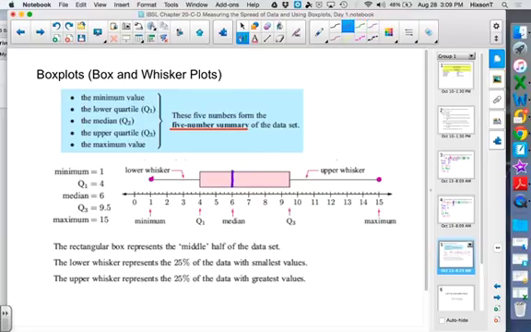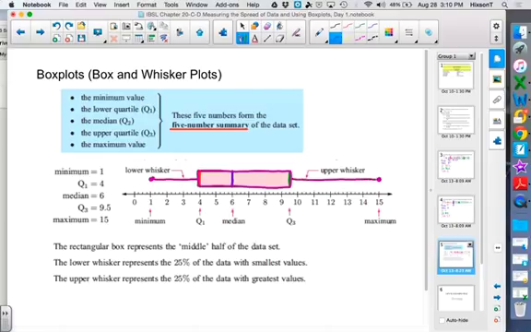And then we found our lower quartile at 4. We found the upper quartile at 9.5. And then we could draw the box and the whiskers. So here's our box, and here are the whiskers.